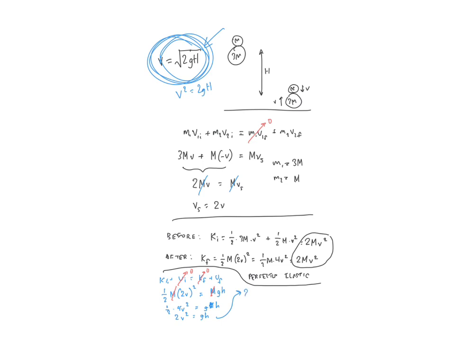So we have a 2 times that v squared, which is 2g big H, is equal to g times little h. We have a g on both sides, which cancels out. And what we're left with is 4 big H is equal to little h. And what that should tell you then is that the final height of the small sphere is 4 times the original height that it was dropped from.